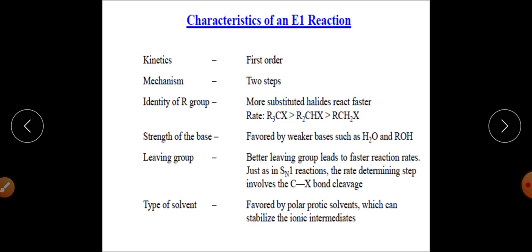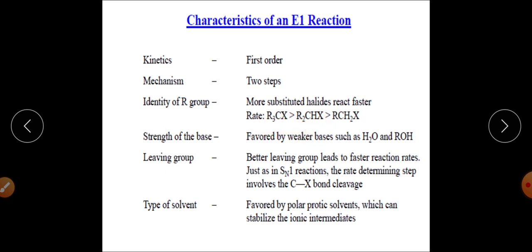When we talk about the different parameters that affect the rate of the E1 reaction, we should first consider the structure of the substrate. We can see that the same order was there for the E2 reaction, and the same order is there for the E1 mechanism as well.